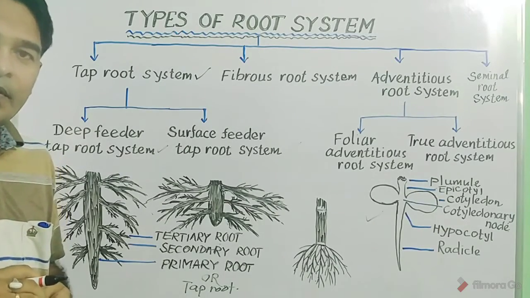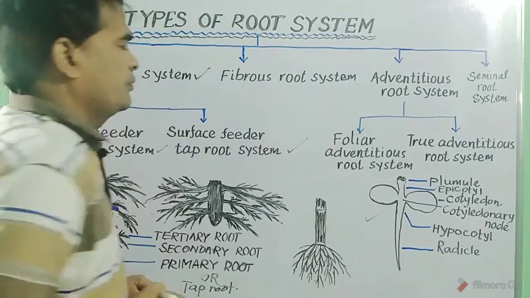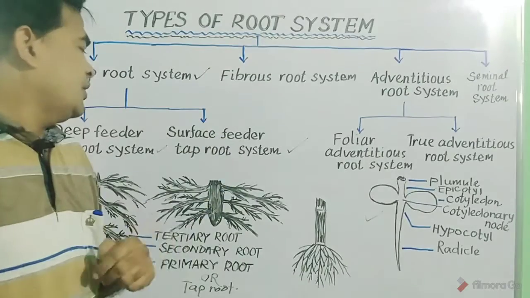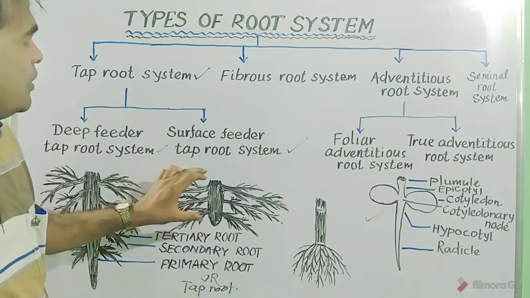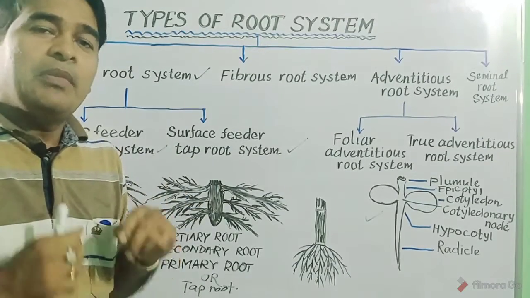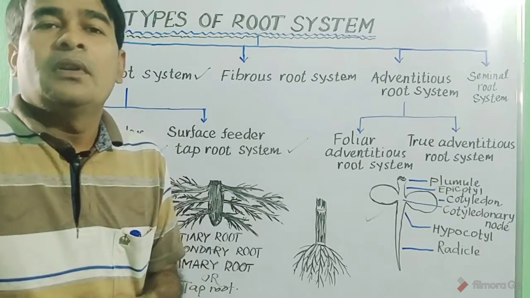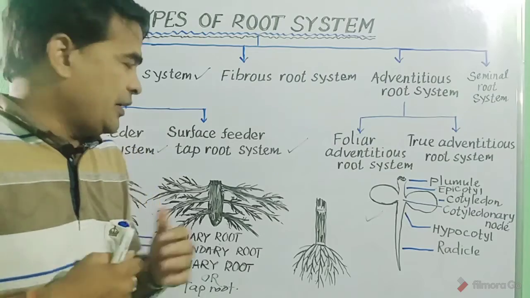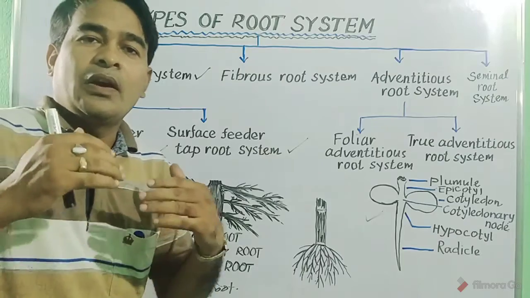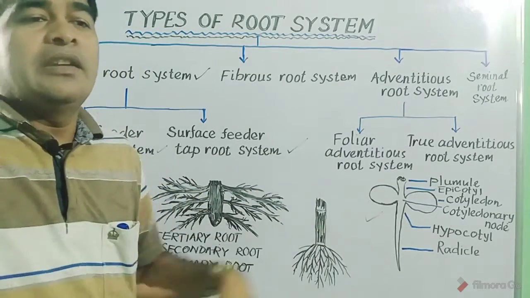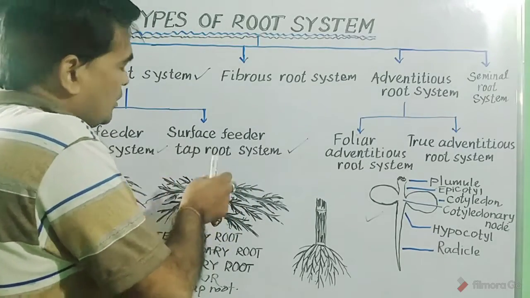Then we'll study about surface feeder taproot system. In surface feeder taproot system, the taproot persists, but it does not grow very deep into the soil, and the secondary roots elongate horizontally and spread in all directions, and these secondary roots are somewhat longer than the taproot.